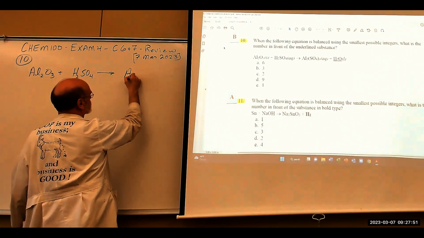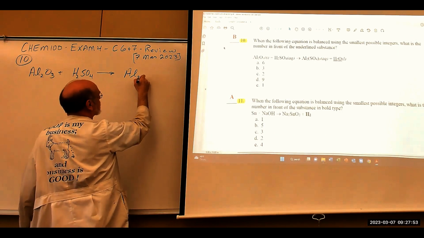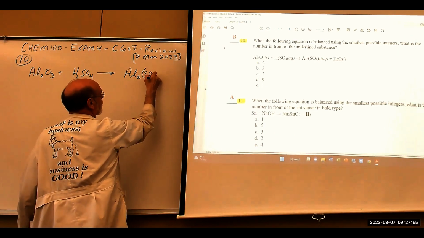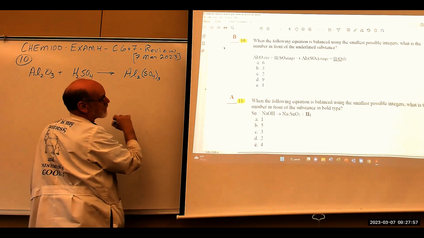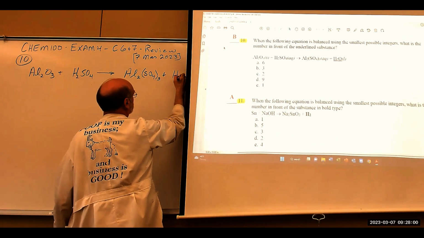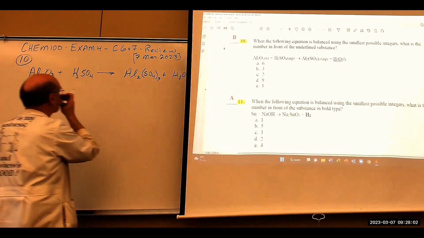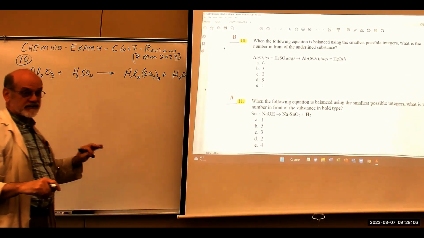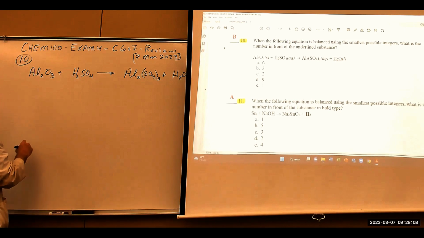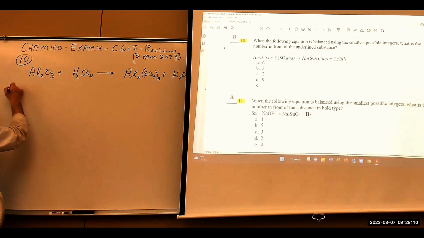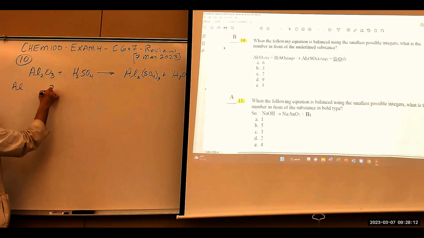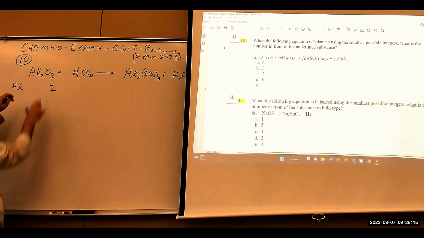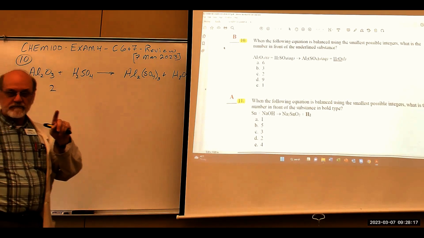And then we have this compound, and I'm checking as I go in my head, are these balanced? And so far, so good. The compounds are written correctly. The equation's not balanced yet. We haven't done that. So we have 2 aluminums here. We're going to use another trick.